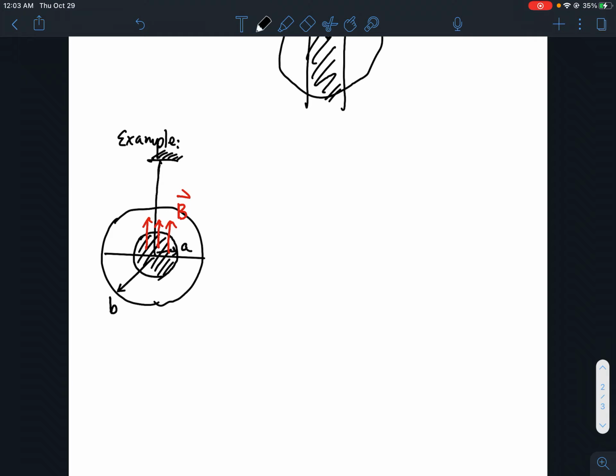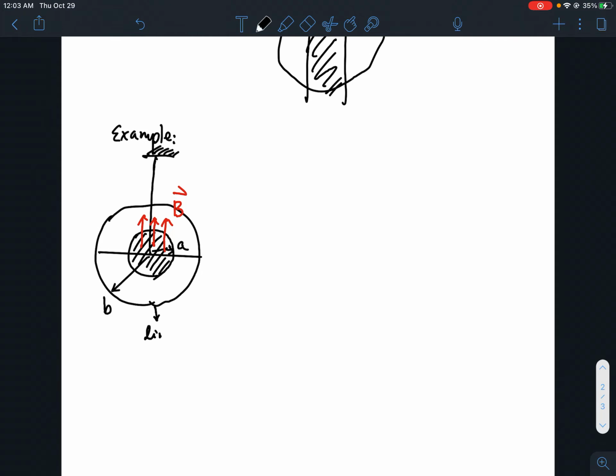And there are also some line charges, with line charge density lambda, on this wheel. As I said, it hangs there, and if some force is applied, this wheel can rotate in this horizontal plane. Now there is a magnetic field applied only inside this inner region.